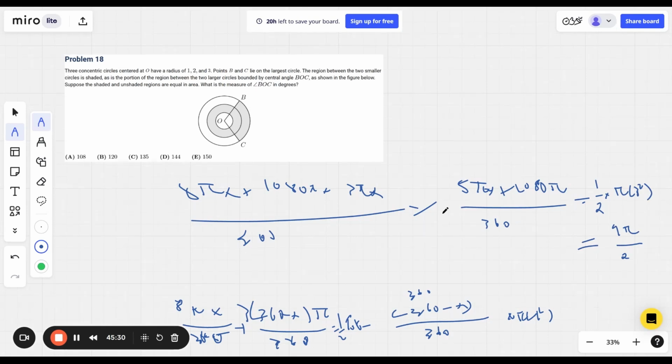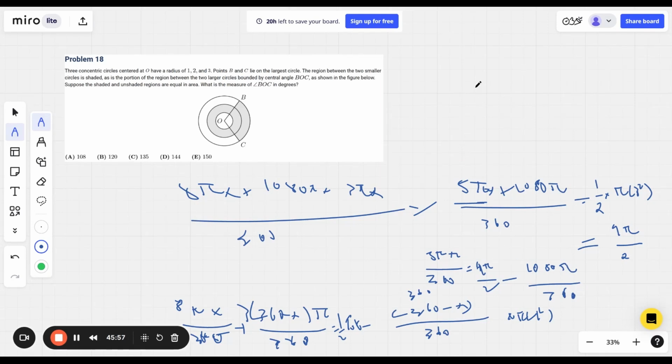And then what we can do is just separate these: 5 pi x over 360 equals 9 pi over 2 minus 1080 pi over 360. And that'll just be equal to 3 pi actually.